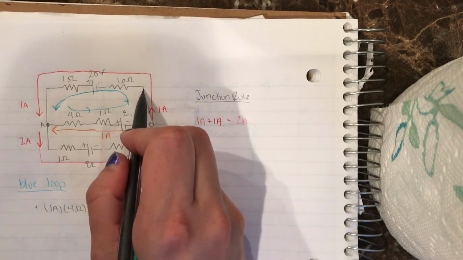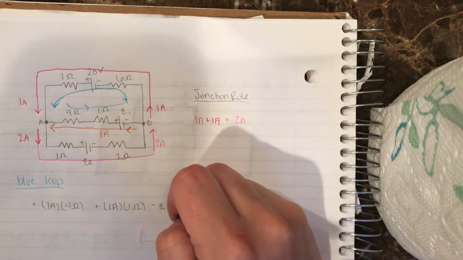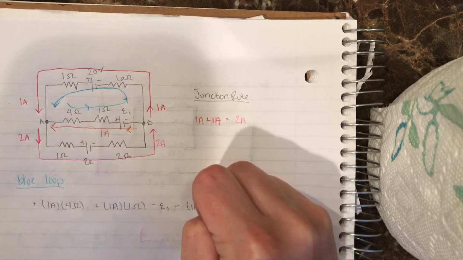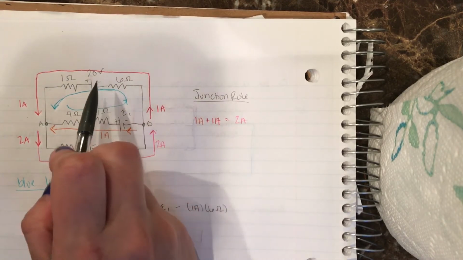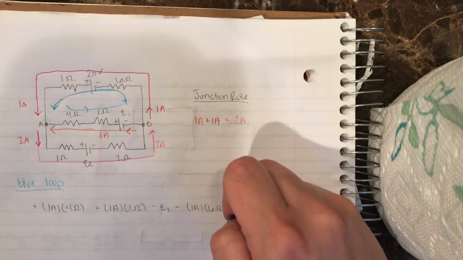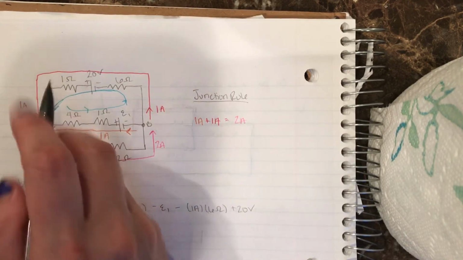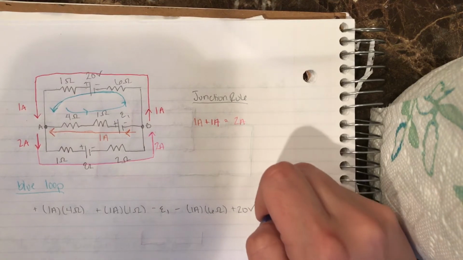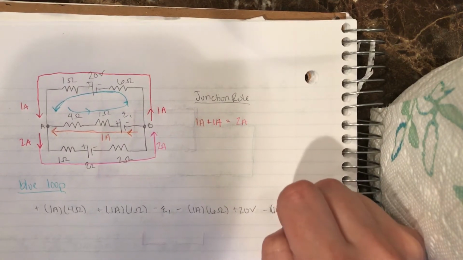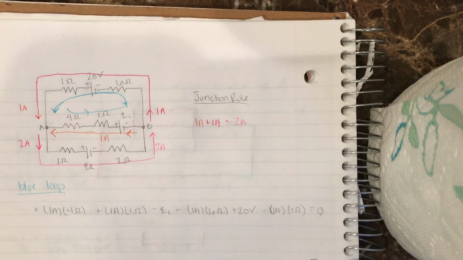Now I go up here. Now I'm going with the current, so it's minus I, which is 1 amp, times R. Going from minus to plus through my battery, so I'm gaining 20 volts. And then with the current, so minus IR, which is 1 amp times R of 1 ohm. And that's a closed loop. I went all the way around in a circle, so that has to be equal to 0.